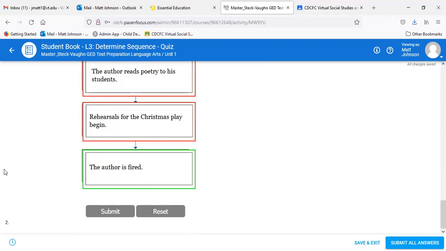Man, I am struggling with this stuff. Yeah, I did it all last night. I try to do my prep the night before, and I do them blind, so I make sure I'm on the right page with everything. But then I go back, I check my answers and make sure everything's correct. So when I wrote it down, I realized I just had 3 boxes here. I just had the shifted classes, reads poetry, and fired. I forgot to write down the rehearsals at the top.